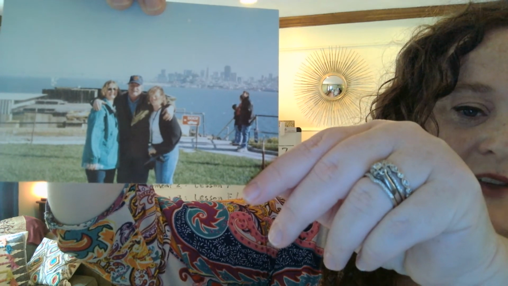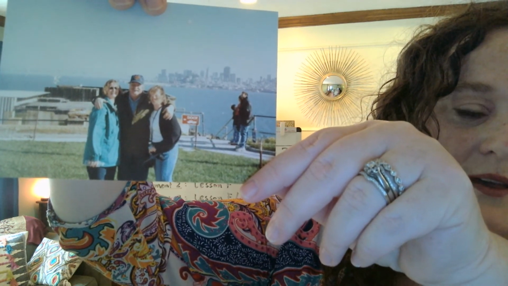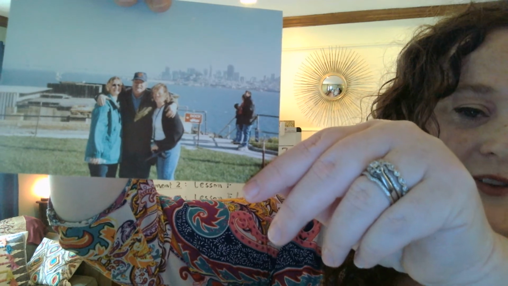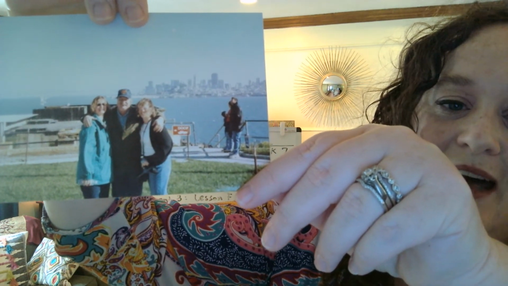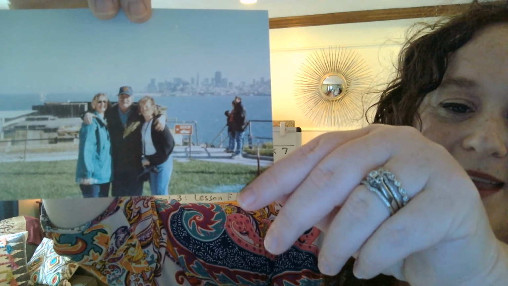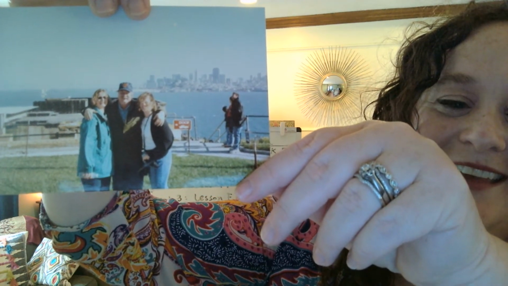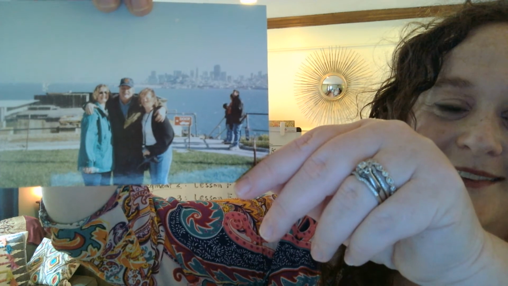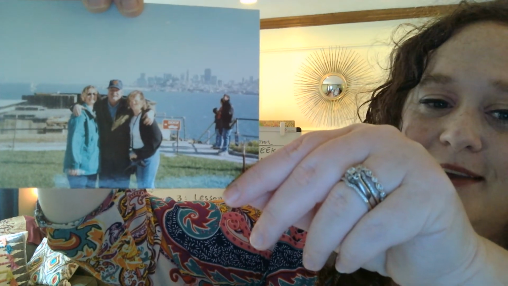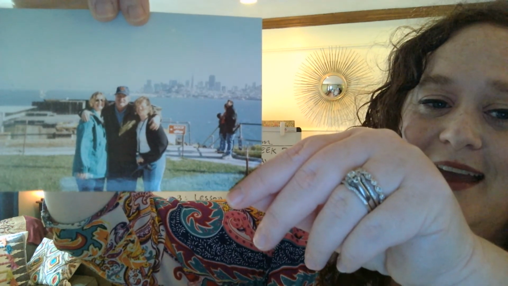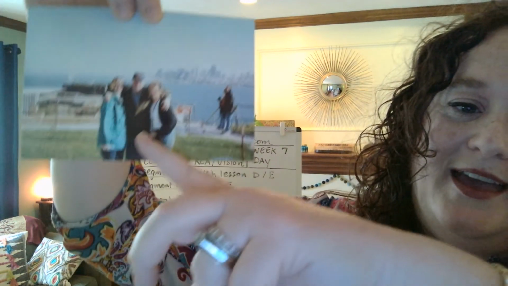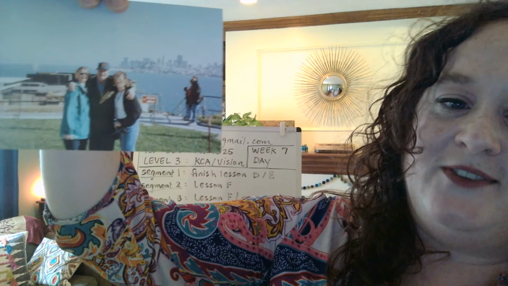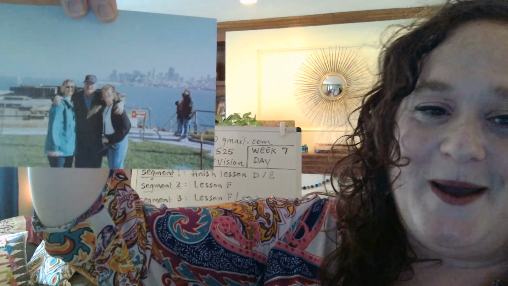We are standing on the rock in San Francisco. Behind, you can see the skyline of San Francisco. And you can see that it is a very windy place because my hair is blowing in the wind. And this is another friend that I grew up with. And she came to visit San Francisco at the same time.